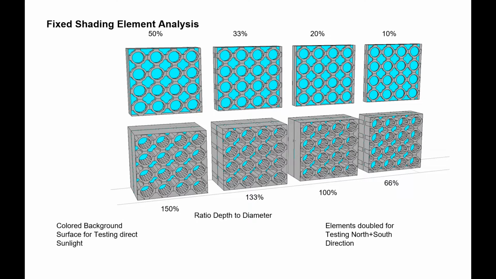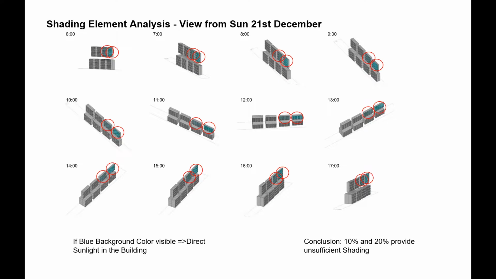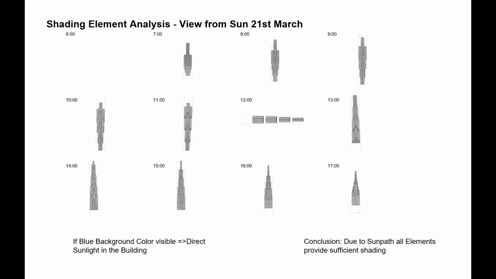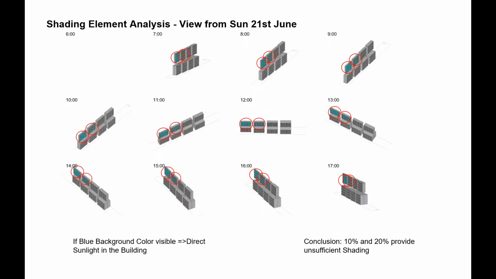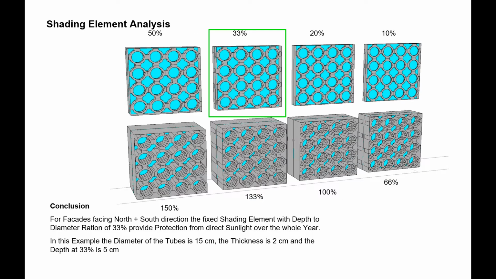We used this view from sun analysis to evaluate at what hours you need what kind of depth of those clay tubes to provide sufficient shading. And with this analysis, we could showcase to the architects the optimized depth, to avoid reducing the daylighting too much on the other hand.